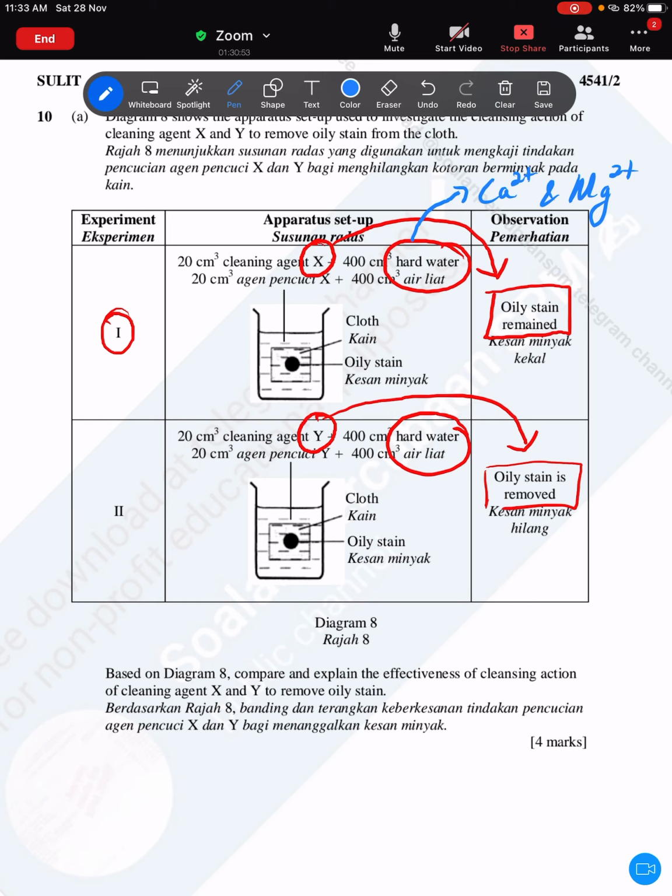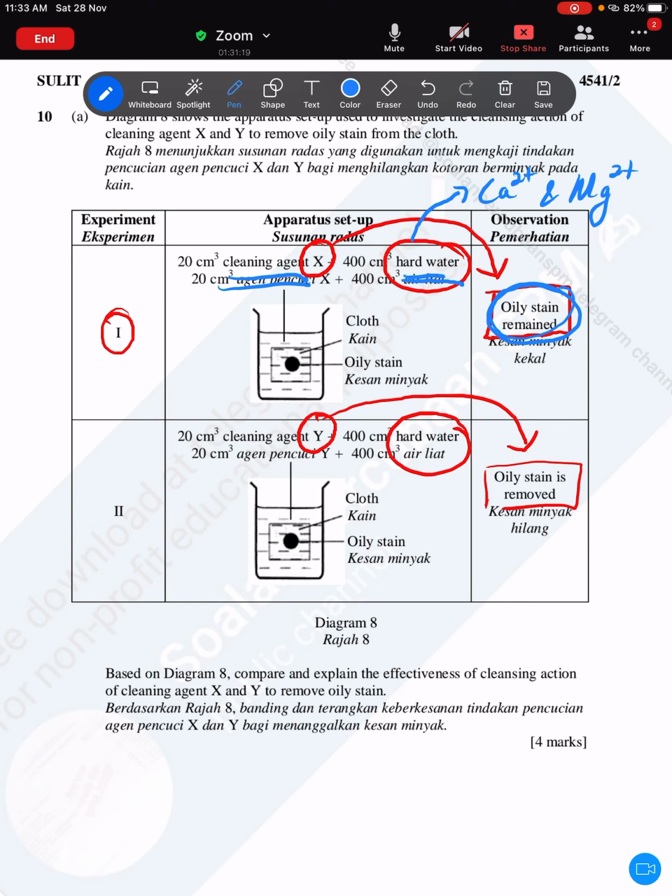Next one. So actually, why does cleaning agent X remain in hard water? Most probably, what is cleaning agent X? Tell me.